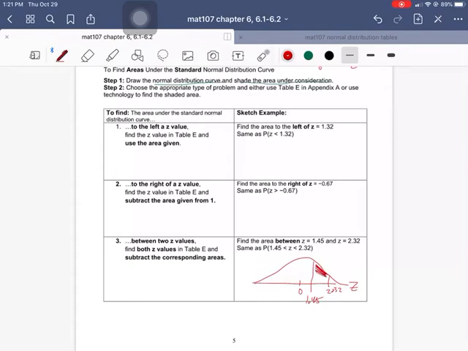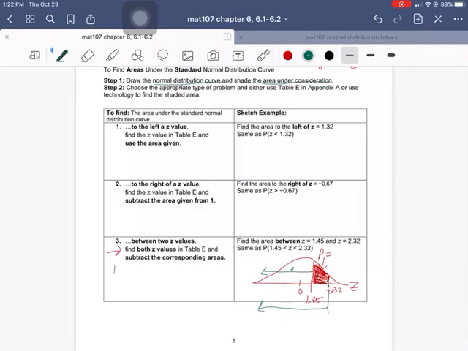And then the shaded area is between. So right there is what I'm looking for. So for between, you want to find both the values and then subtract, because think about it. You're going to look for the 1.45 to get this one, and then this one right here is going to be from here over. So we're going to have to subtract this one away to get that one.